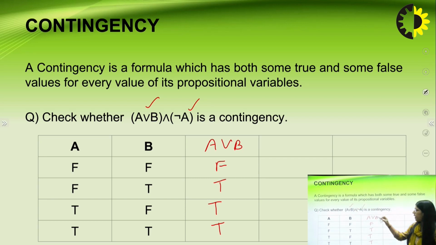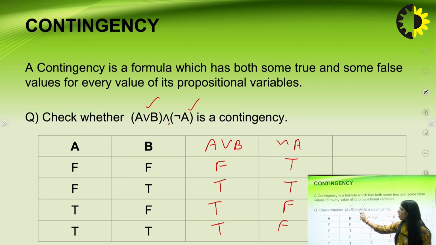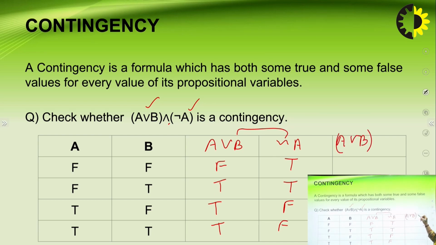Next, we need to find the negation of A. Negation of A will be: for false it is true, for false it is true, again for true it is false. Then we need to perform the AND operation between these two results, A or B and negation of A. If one of the values is false, it will result in false.